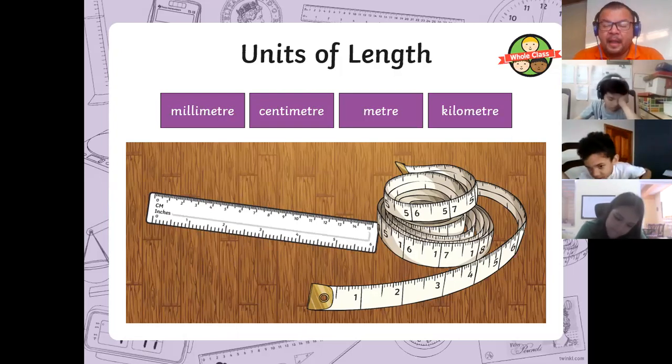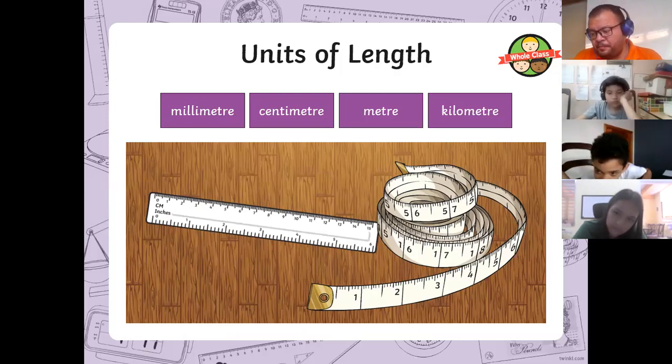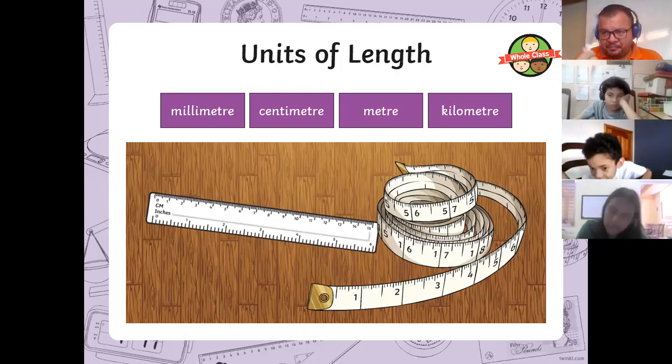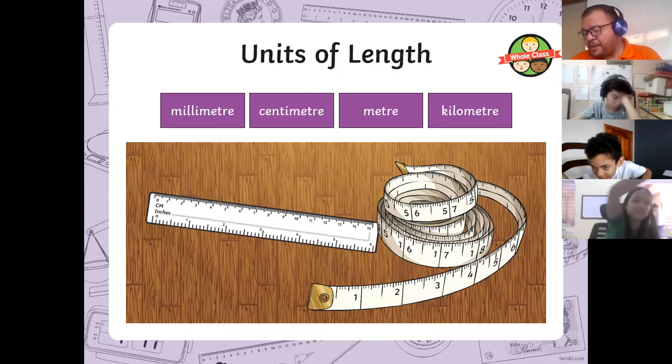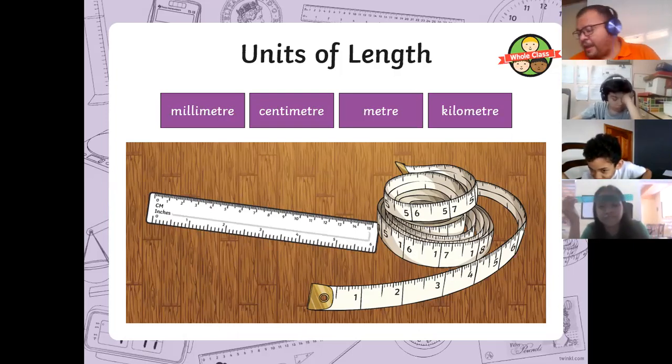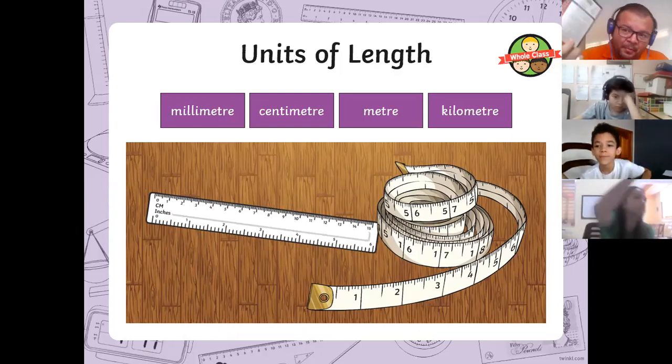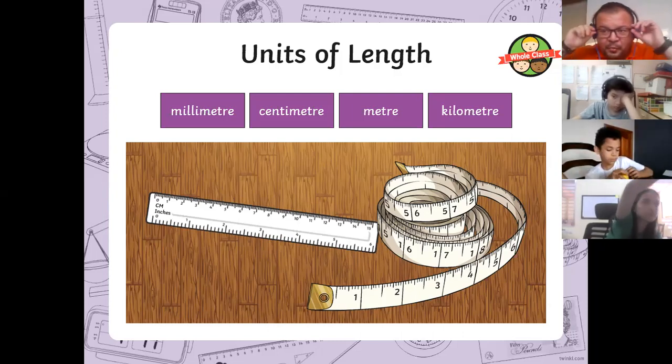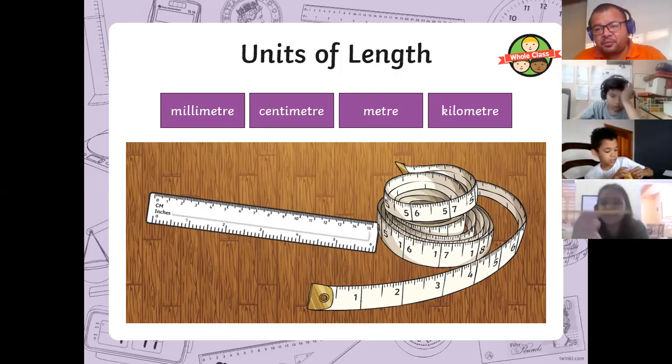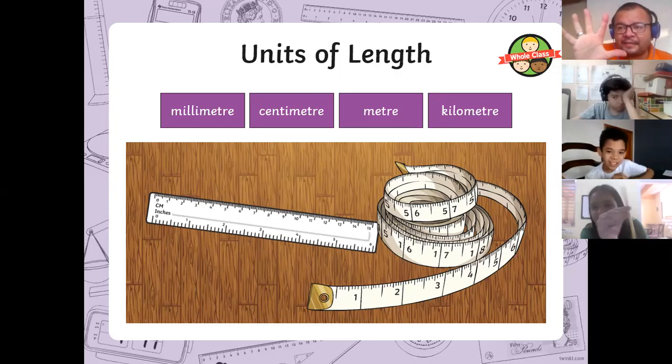But actually we can use everything to measure. I can measure with a pencil. I can measure with a cell phone. I can measure also with a book. I can measure with my glasses. I can measure with my fingers when I use the cuarta.